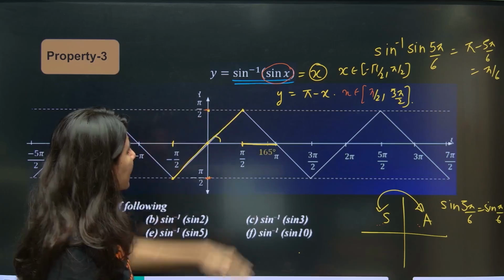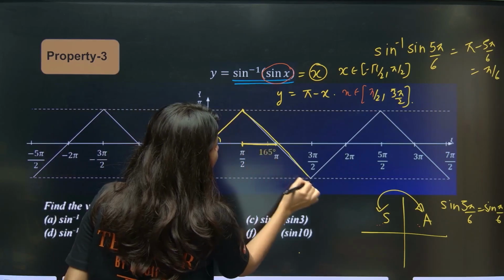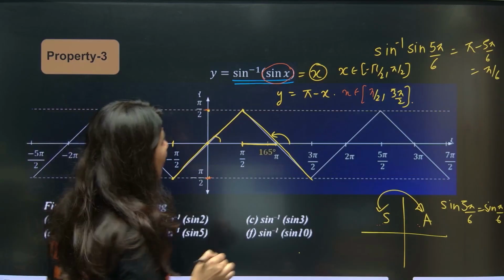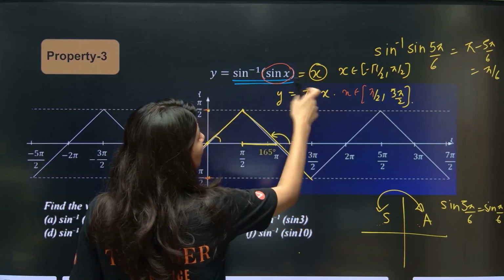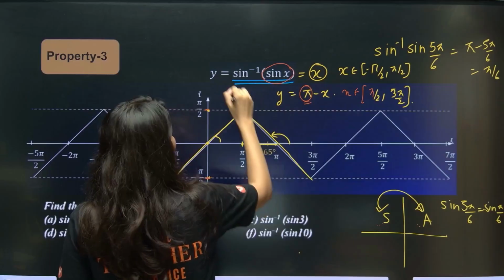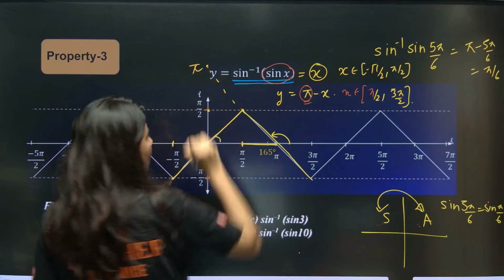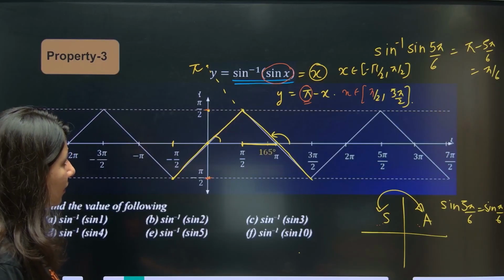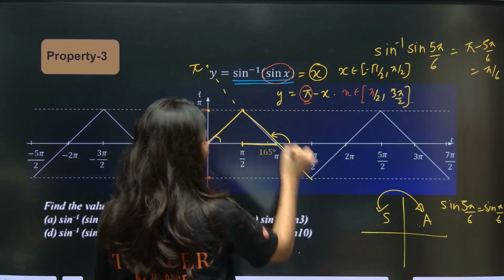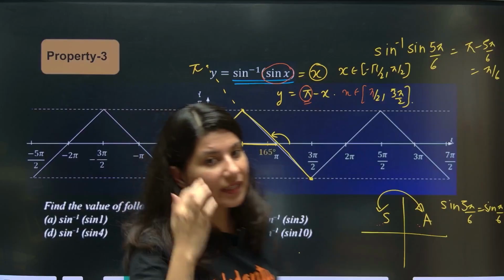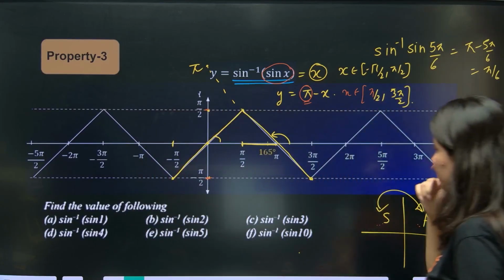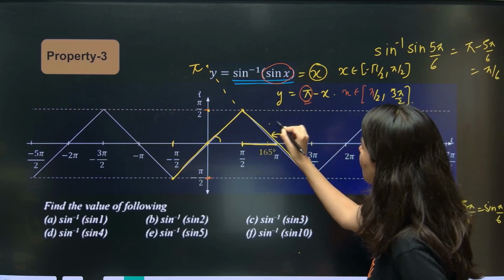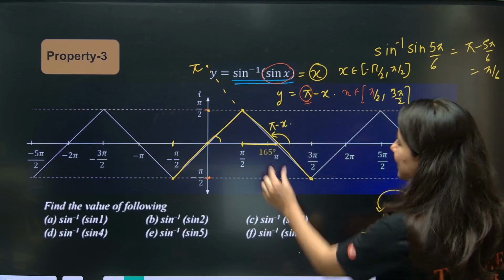Now pi minus x is this particular line which has a 135-degree inclination, slope minus 1. And it will intersect the y-axis at the point pi. Clear? So from pi by 2 to 3 pi by 2, your thing is pi minus x if you are in the second and third quadrant.